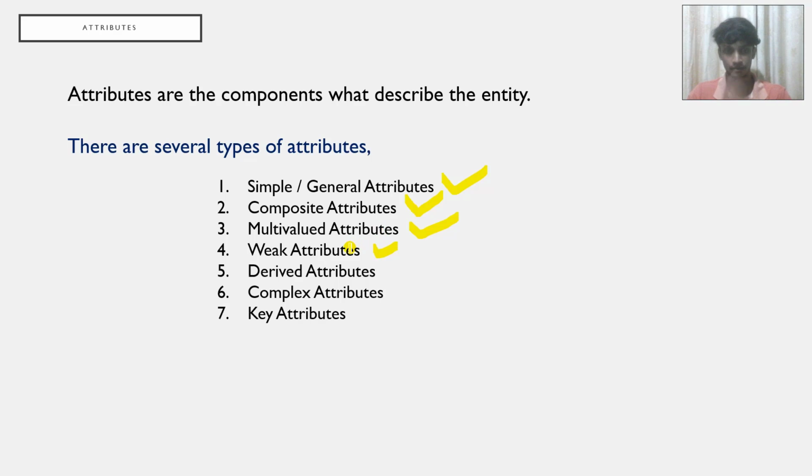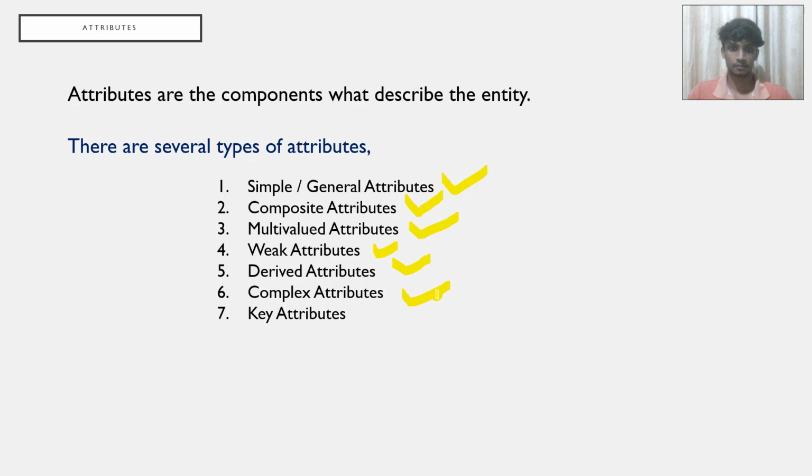The fifth one is derived attributes. Derived attributes are not existing in physical storage. Those are just automatically generated values, by using some kind of mathematical equation. And complex attributes, by their name, are complex. This is a collection of maybe composite attributes and maybe multi-valued attributes, maybe both of them.